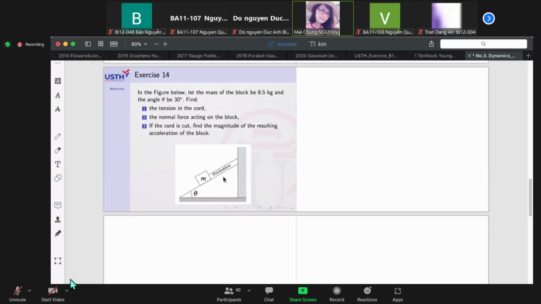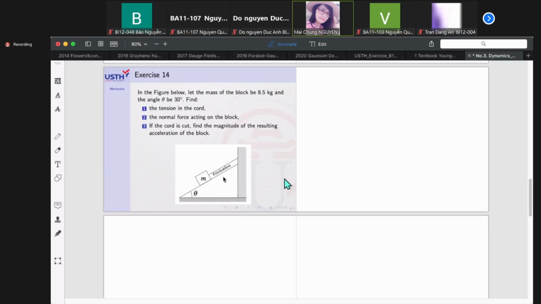Don't forget, for this kind of exercise, we have a general method. Think about 3 steps. Step number 1, we need to show all forces acting on the object, right? The second step, we need to show where the positive direction is, right?